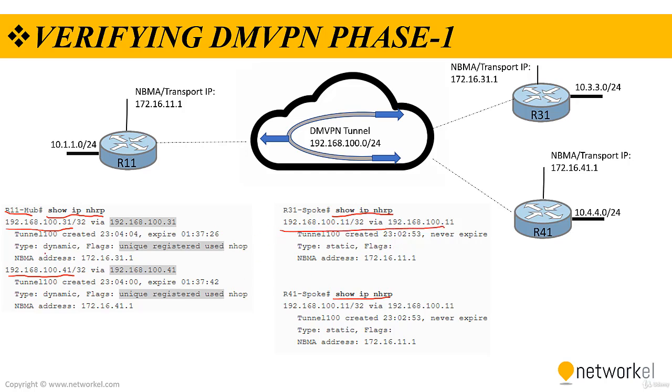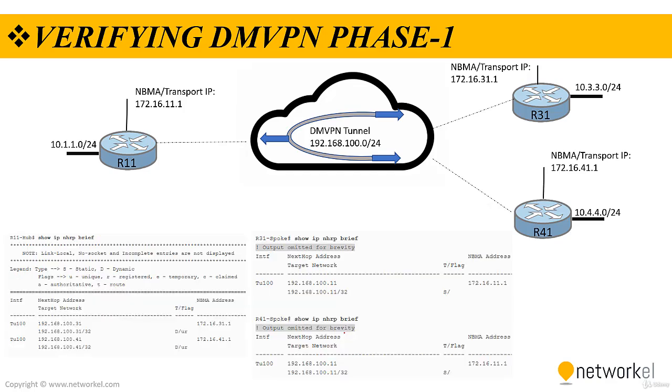Please keep in mind that the type is dynamic for a hub and static for the spokes. So that is the verification also. This screen provides the output for the show ip nhrp brief command this time, guys. Some information such as the used and next hop NHRP message flags are not shown with the brief keyword.